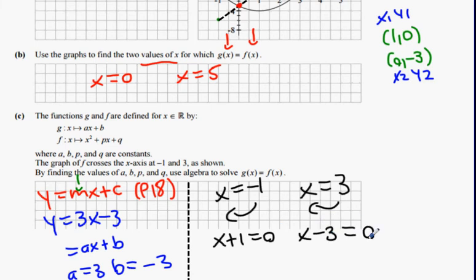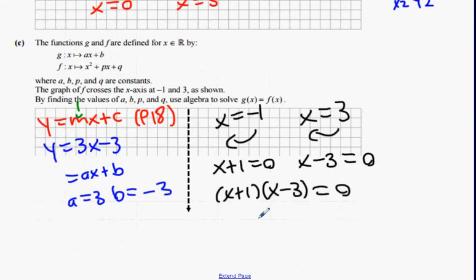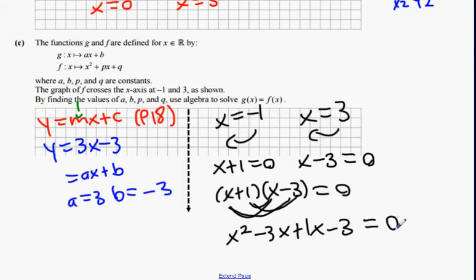Okay? What's usually the step before that? Bracket x plus 1, bracket x minus 3. Multiply it back out. x squared minus 3x plus 1x and minus 3 equals 0.